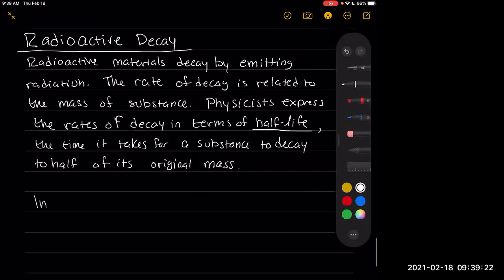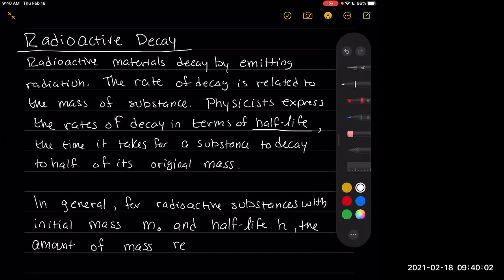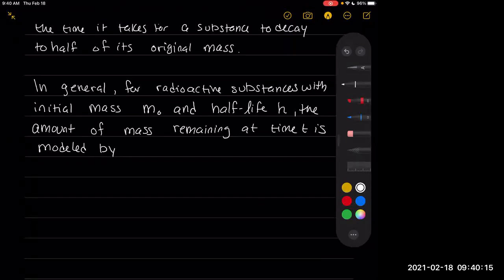So in general, for radioactive substances with initial mass m naught and half-life h, the amount of mass remaining at time t is modeled by m of t equals m naught times 2 to the negative t over h.